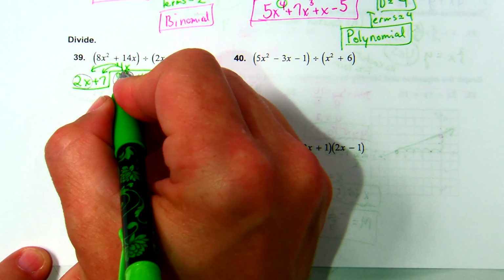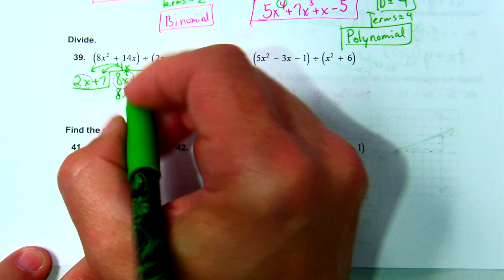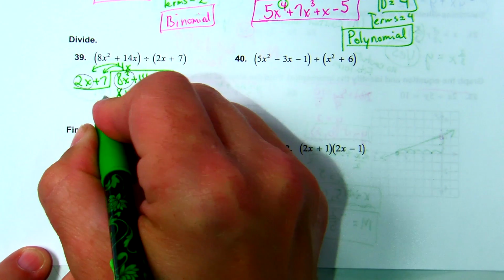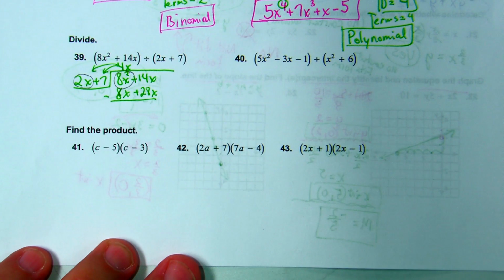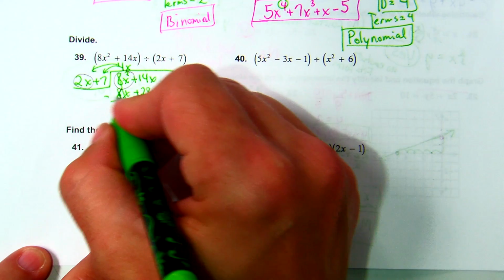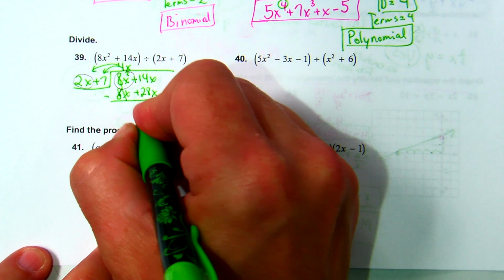So 4x times the 2x will give me the 8x squared I was looking for. 4x times 7 is going to give me a positive 28x. And then I'll subtract that, just like we would normally do in long division. This will go away, those will be 0. And then subtracting 28 from 14, I'm going to have a negative 14x.